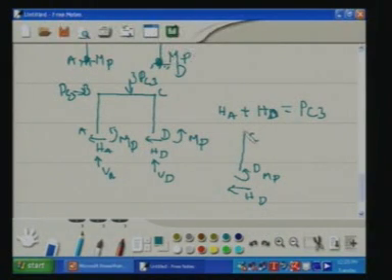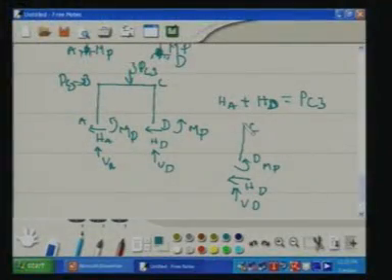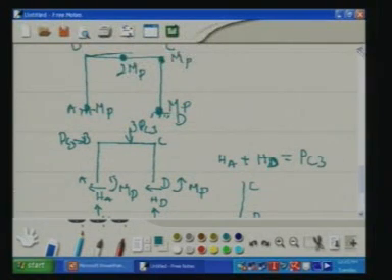So if we take moment around point C, the value of moment at point C, as we know from the earlier analysis, is MP, and this is going to deflect in this fashion. So the moment will be in this direction. So here the moment in this direction MP will be there.